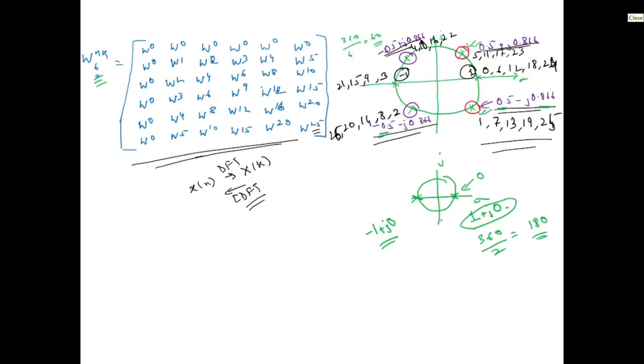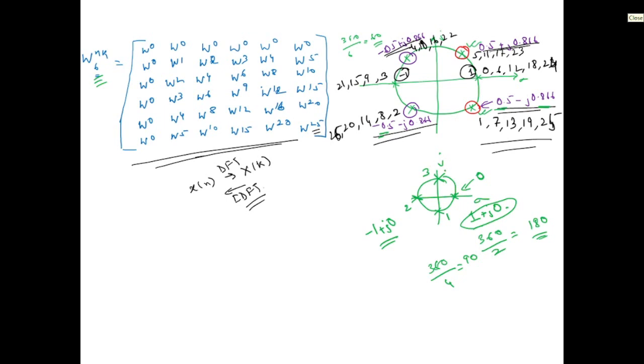Now if I have to calculate this twiddle factor matrix for a 4-point DFT, 360 by 4 is 90. This was my first point, that means the 0th point. Then point 1 should be here because it should be 90 degrees apart. Then the second point is at 180 degrees. Then over here, if you again go 90 degrees, you will be getting the nk value 3.